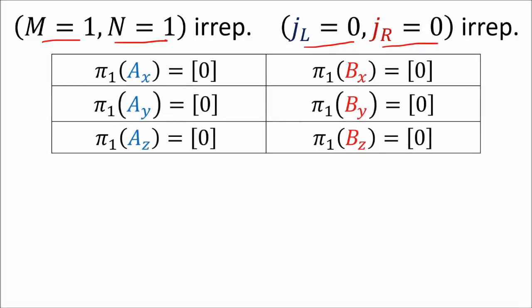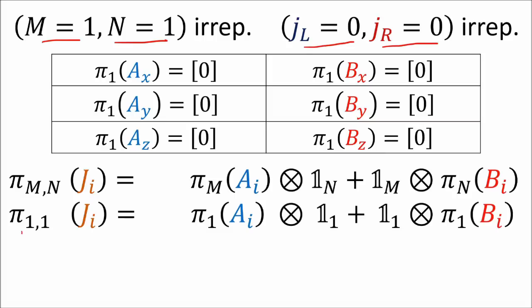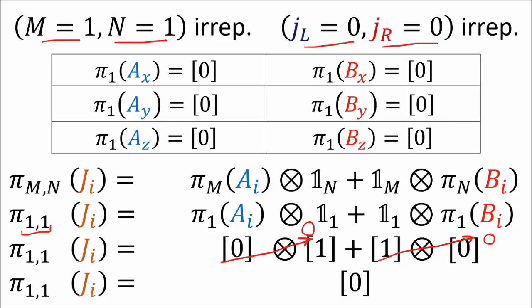The 1 by 1, or spin 0 representation of any SU2 matrix is the 1 by 1 matrix containing a 0. So for the m equals 1, n equals 1 representation of a rotation generator J, when we sub in our representation matrices, these 0 matrices make both terms in the sum go to 0. So we end up with just a 0 matrix.